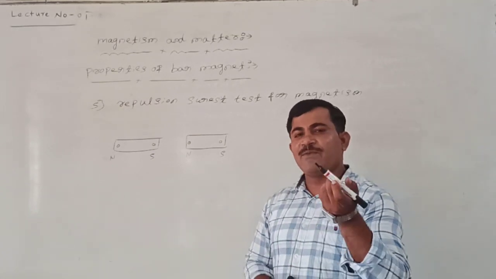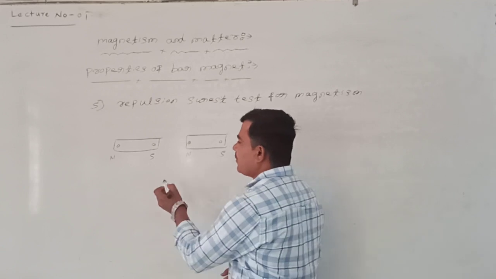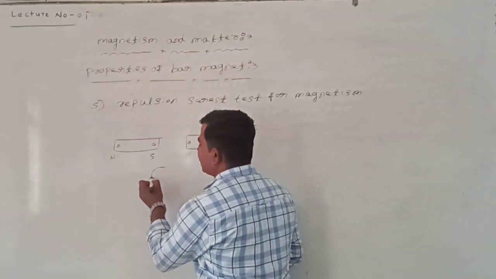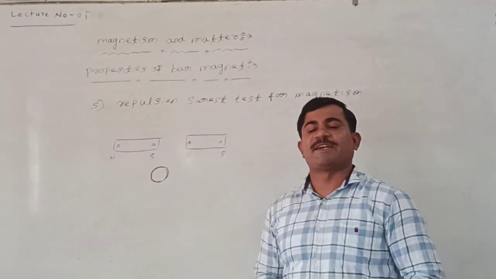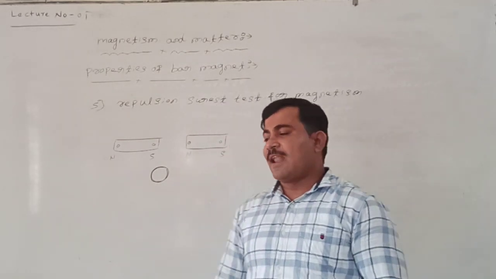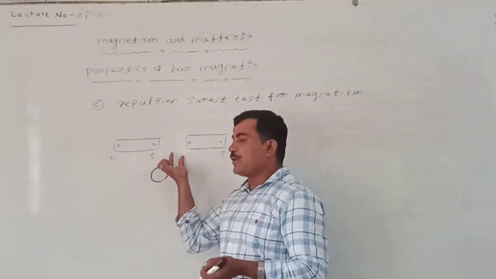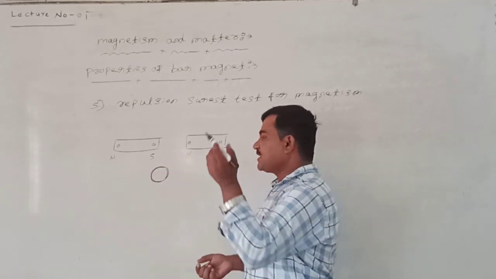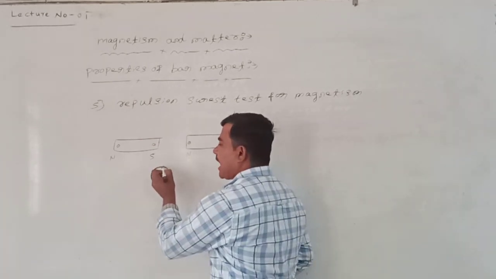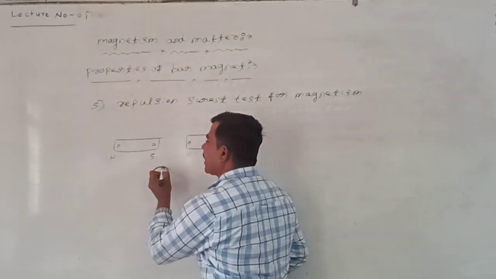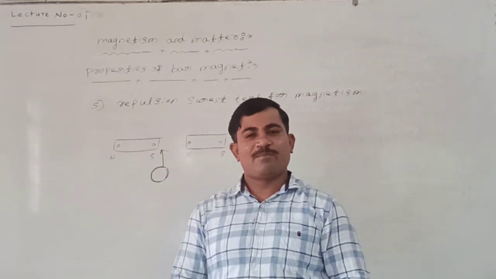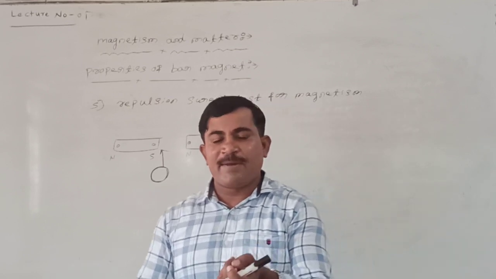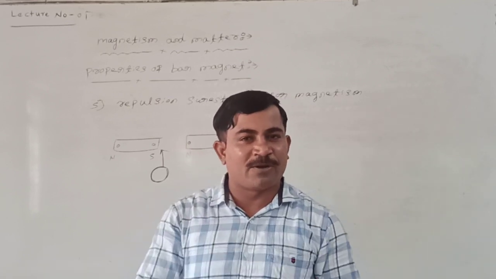But here I can take one more object. Now I will take an iron piece here. See here, already we know that unlike poles attract each other, but this magnetic material called iron also attracts towards the magnet. Are you following? Because a magnet has the ability to attract small pieces of iron.